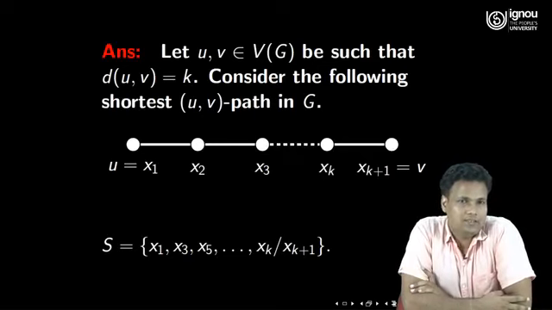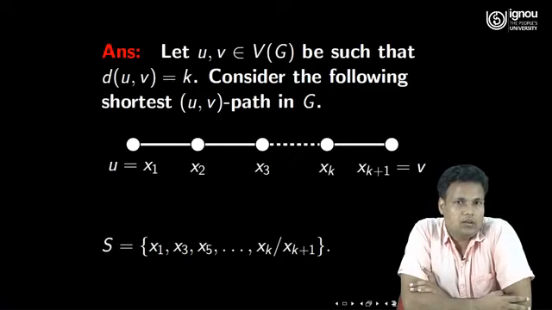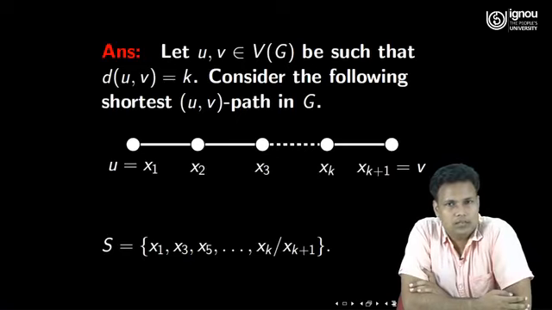So we just take the set S equal to {x1, x3, x5, and so on}. Then the last vertex could be xk or xk plus 1, which depends on whether k is odd or even. If k is odd, then we just consider the last vertex to be xk, otherwise xk plus 1.